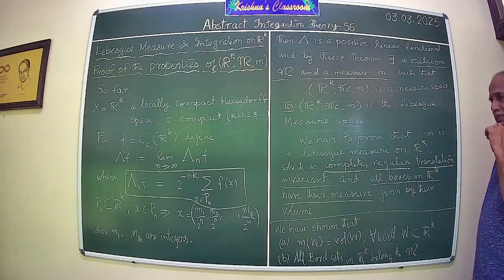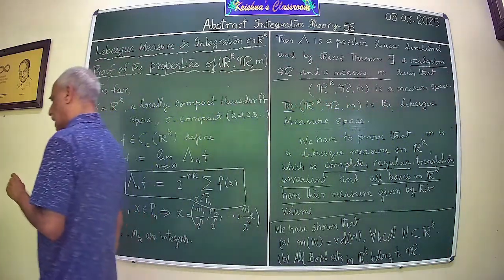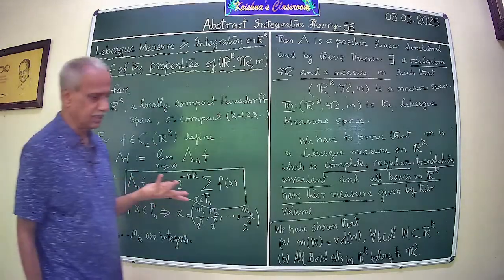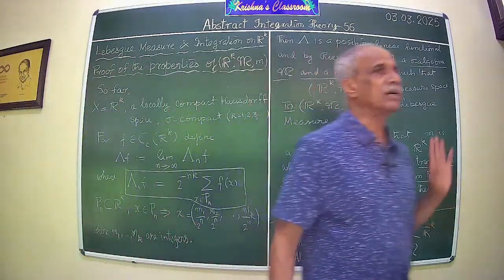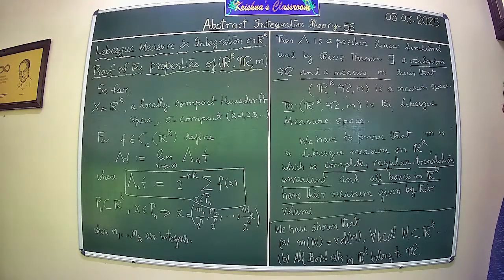The second thing is that you take the complementation of open sets. What do you get? You get the closed sets. So all closed sets also belong to the sigma algebra.